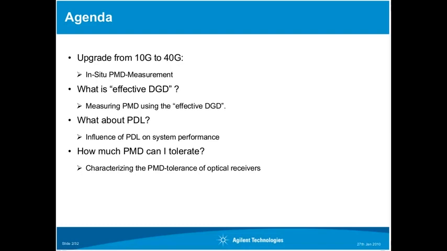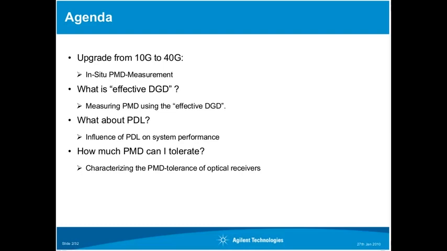PMD tolerance testing is a topic which keeps us busy for the last 2 years because there are no standards yet available for testing the PMD tolerance, even or in particular at second order PMD.